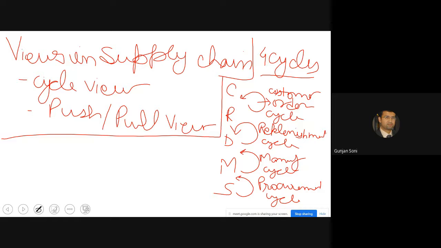Now, before we go ahead, can anyone tell me what is the difference between replenishment cycle and procurement cycle? What is the difference between the words replenishment and procurement? Anyone? Let's take a typical case of cloth manufacturing.